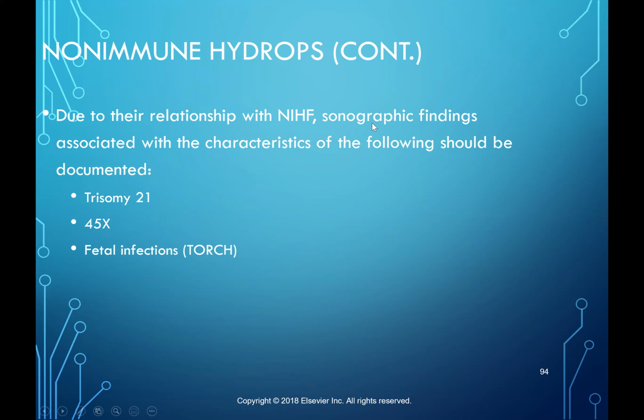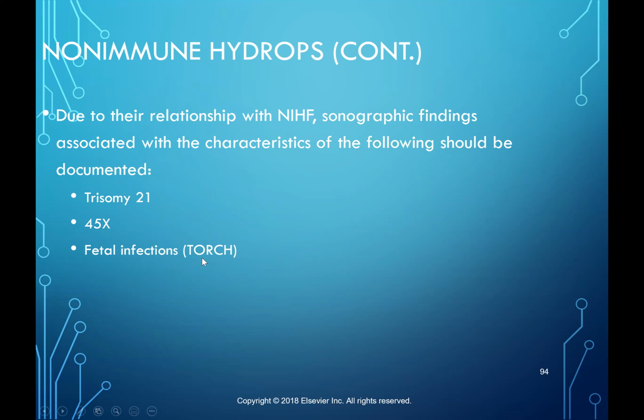Due to their relationship with this, sono findings associated with characteristics of the following should be documented: trisomy 21, 45X, or fetal infections, TORCH. Okay, so where I've seen non-immune hydrops the most is in a baby that has Turner syndrome, which is 45X. Those babies that have that chromosomal abnormality tend to have hydrops.